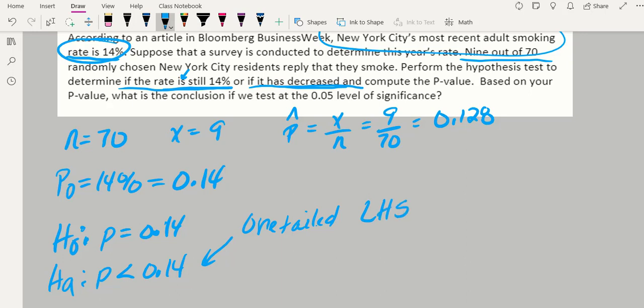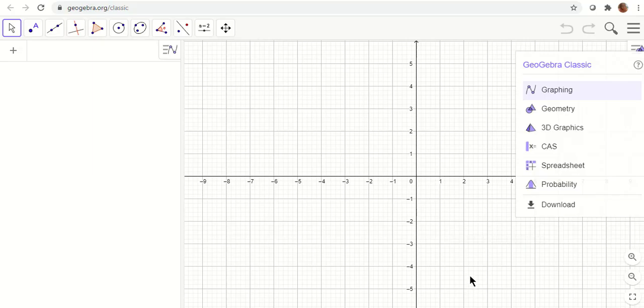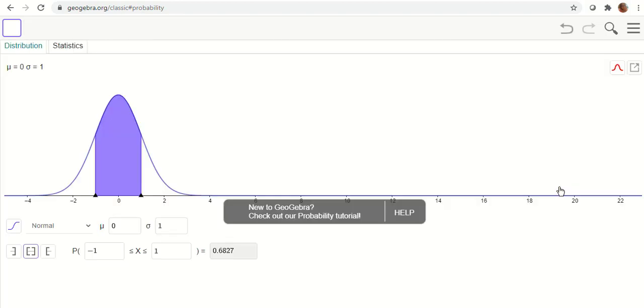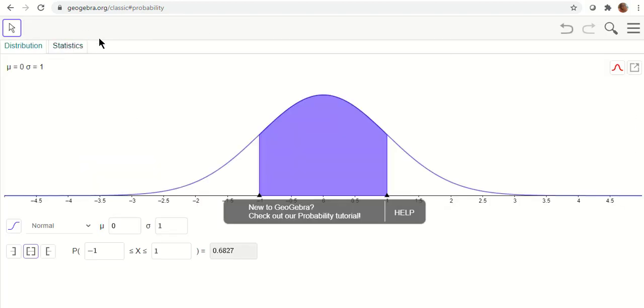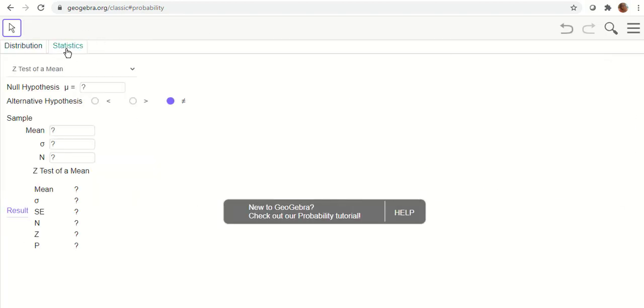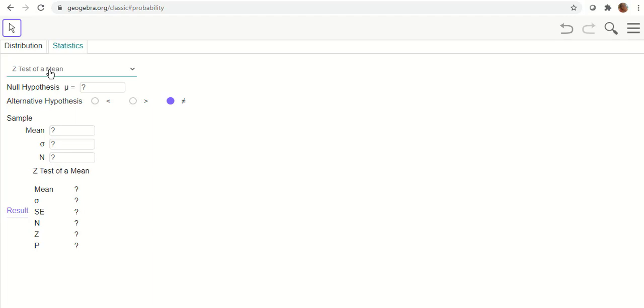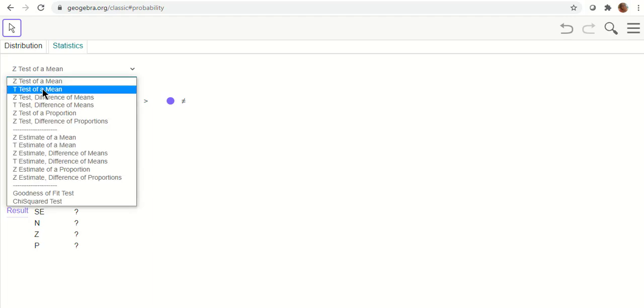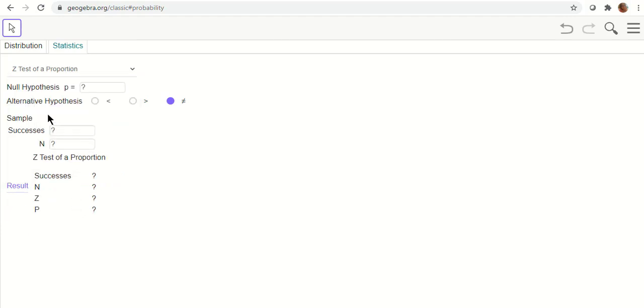So let's jump on into GeoGebra and see how we should insert this. In GeoGebra Classic, I am going to select Probability. From there, I want to deal with Statistics. In statistics, we have the z-test for a mean and the t-test, but since we know these are proportions, we're going to do the z-test of a proportion.